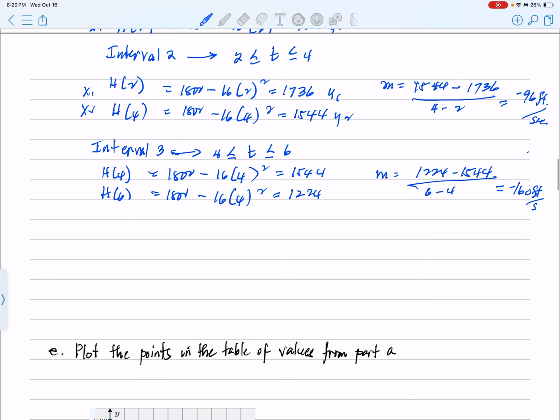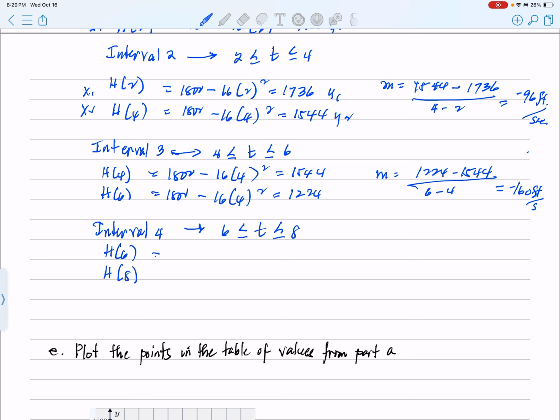And the last interval, that's interval 4, is 6 to 8. H of 6 and h of 8.